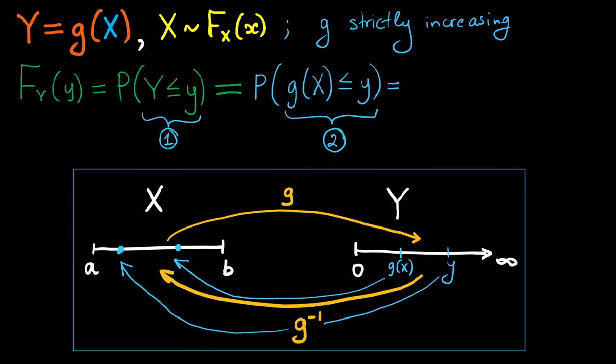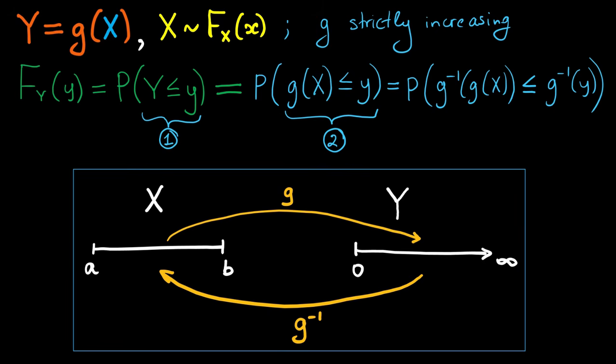Okay, so let's do that. Let's apply g inverse to both sides. And now the sign is preserved because g is a strictly increasing function, and hence g inverse is order preserving.